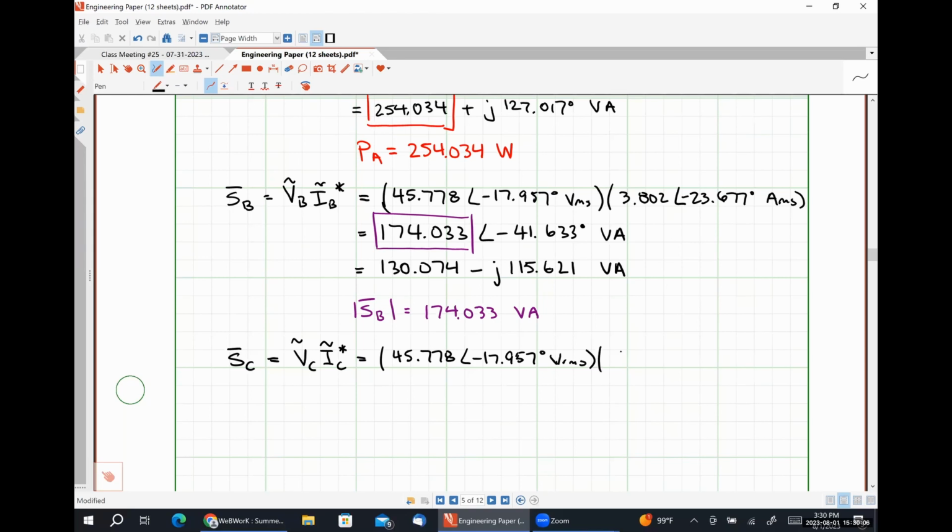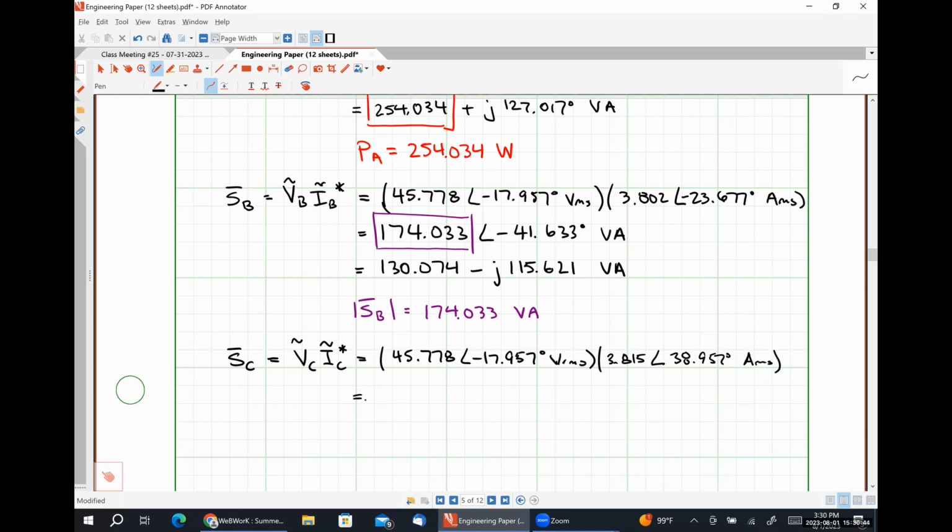And then IC, I stored in my calculator as D. I'm sorry about that. 3.815. And because we're doing the conjugate, we're going to get positive 38.957 amps RMS.